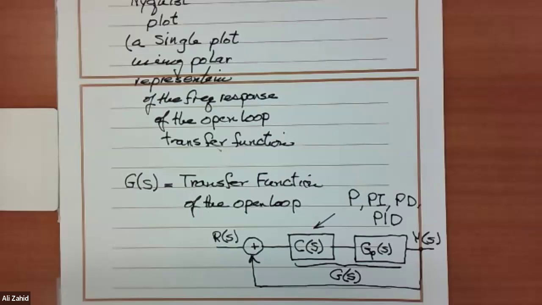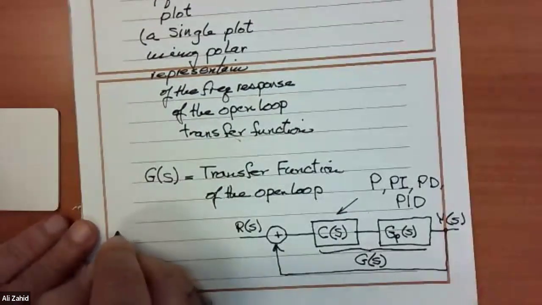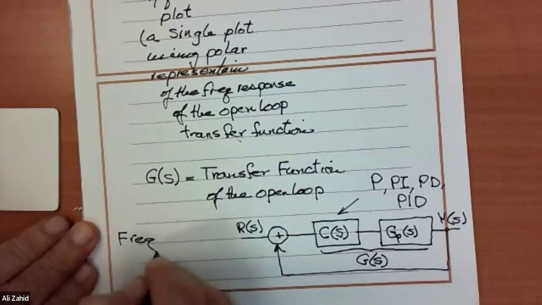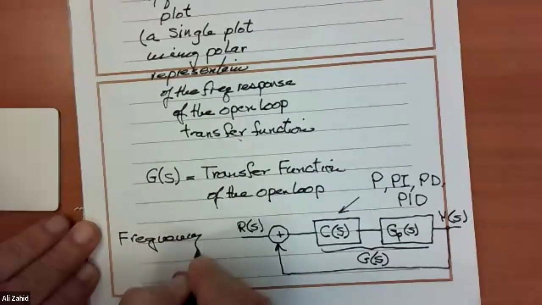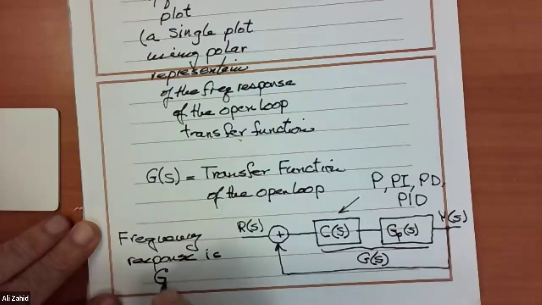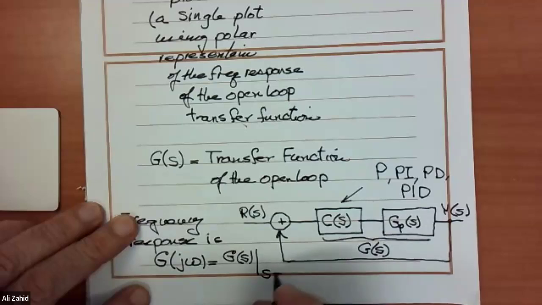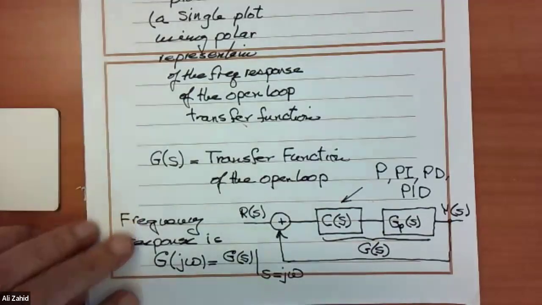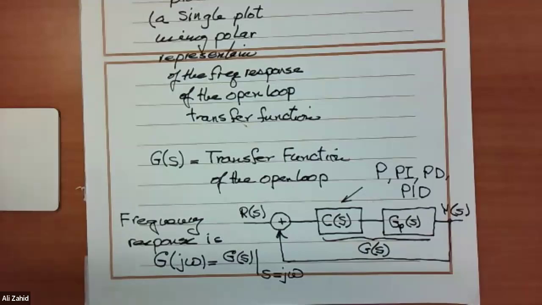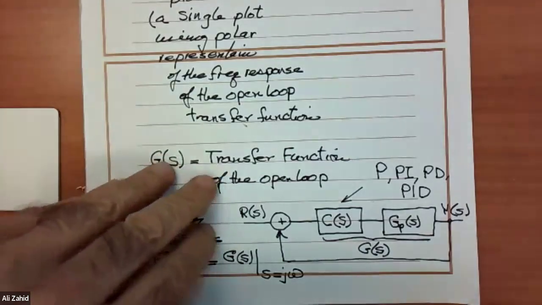The frequency response is G of J omega, which is equal to G of S with S replaced by J omega. So that's the frequency response.